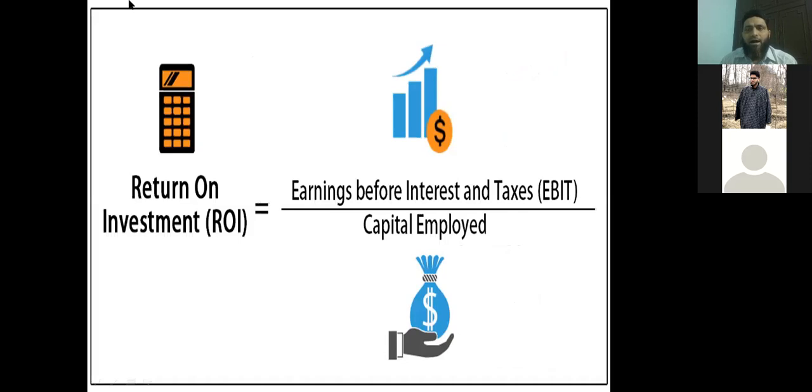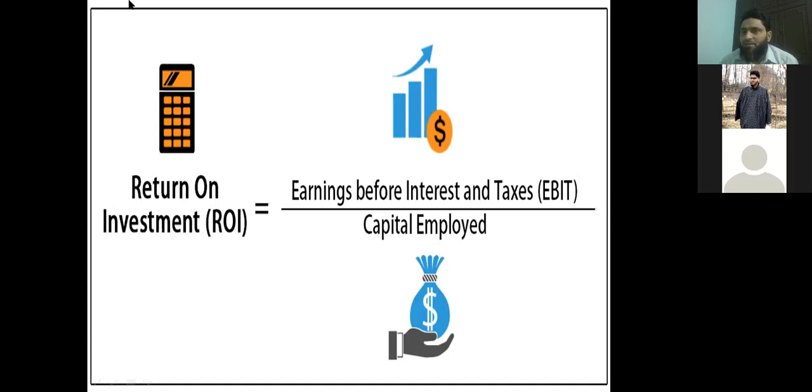Yes, sir. I'm discussing the number of profitability ratios you have studied. Which one is more important for you? Then we have the return on investment ratio. It means whatever investment has been made in the company in the form of capital, and how much income has been generated thereof.